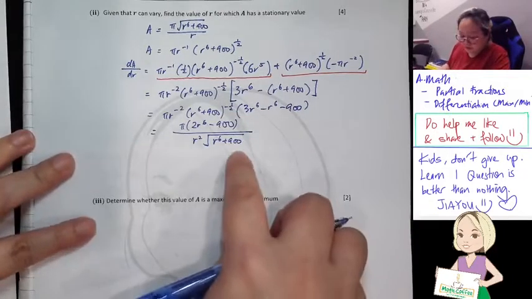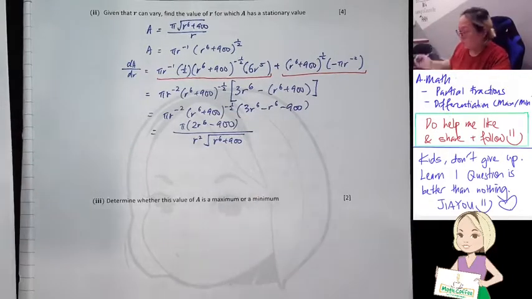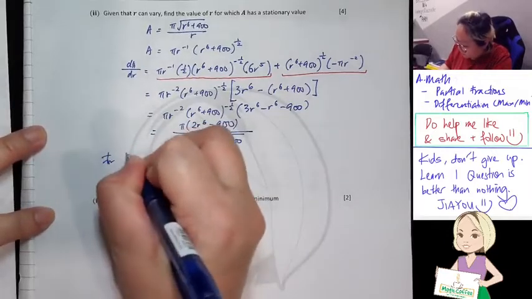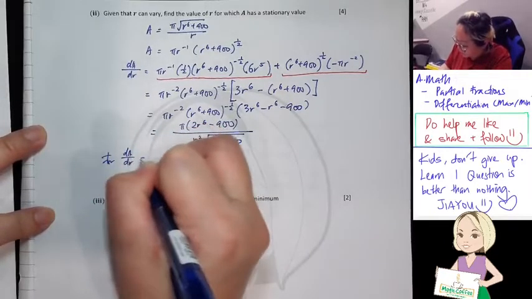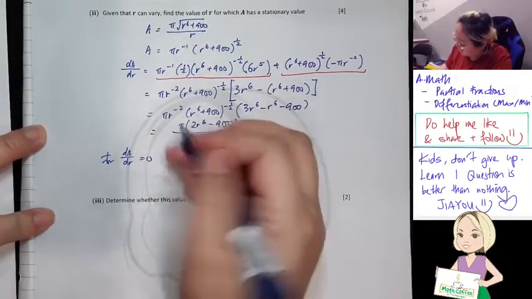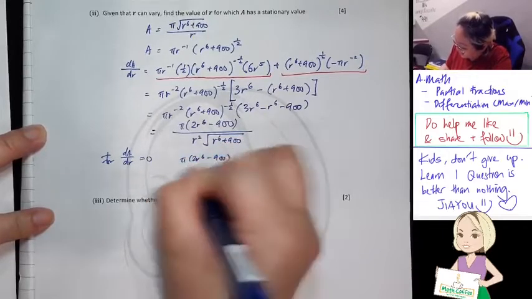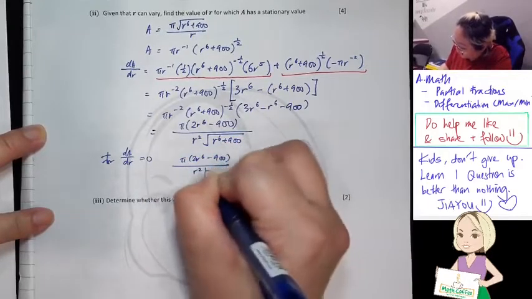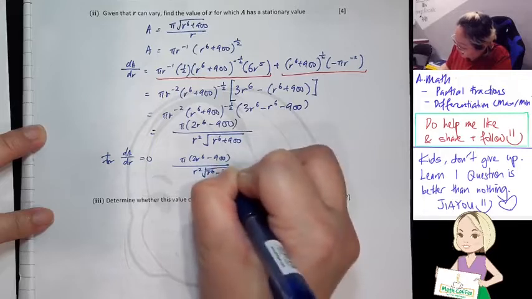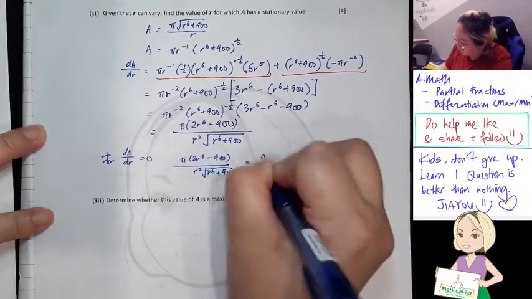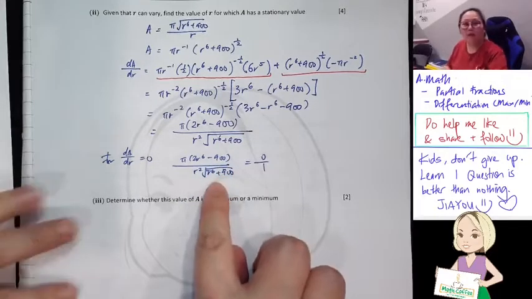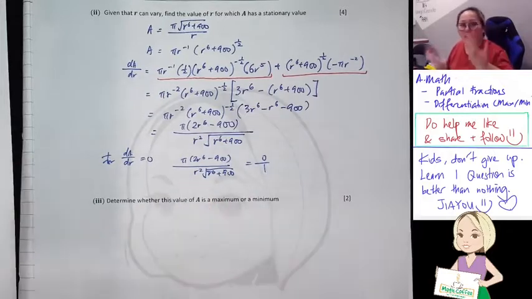So, next, we're going to do our dA dr equals to 0. So for dA dr equals to 0, this whole thing, it will be pi 2R6 minus 900 over R square, square root R6 plus 900 equals to 0. I don't have to worry about the denominator, because when I cross multiply, denominator becomes 0 already.